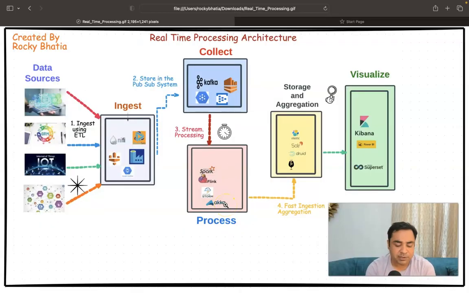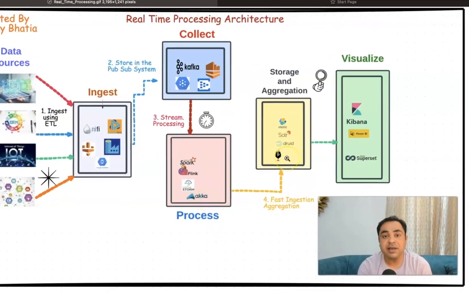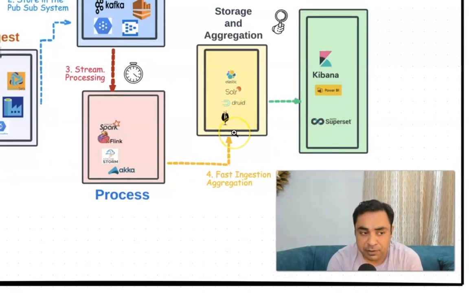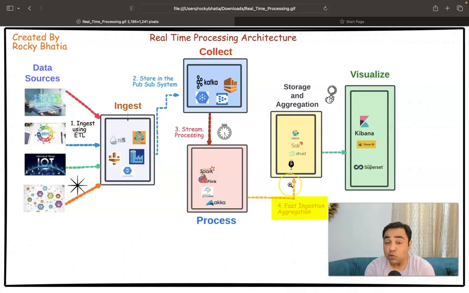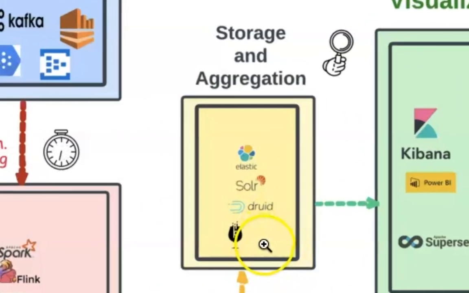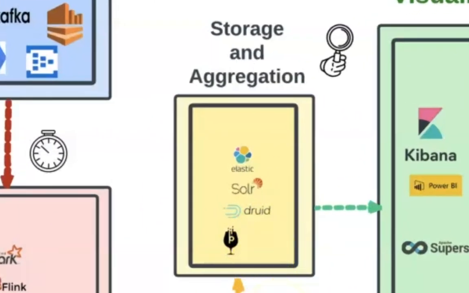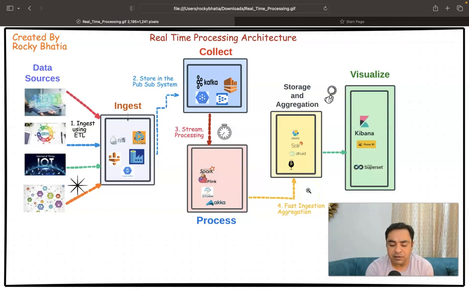Once you have processed that, next we need a solution which is capable of fast ingestion, which can store the data at a high volume, and which can give us the data or insights in real time. We have solutions like Druid or Pinot, which are fast ingestion frameworks where we can insert millions of records, and we can also prepare an OLAP kind of system on top of that.